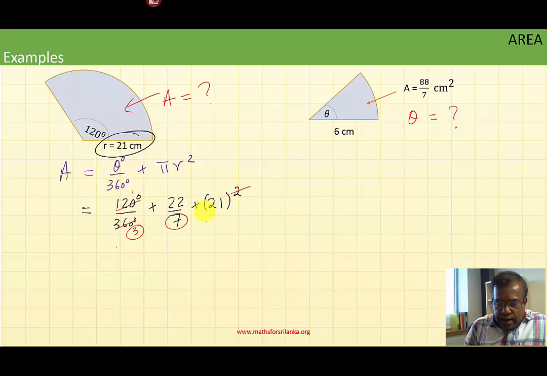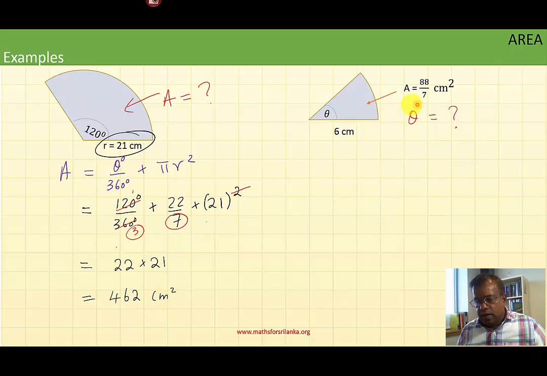So at last we'll have 22 times 21 square centimeters, which is actually equal to 462 square centimeters.